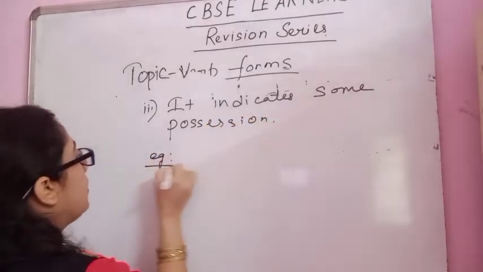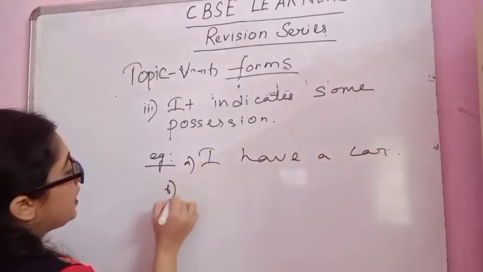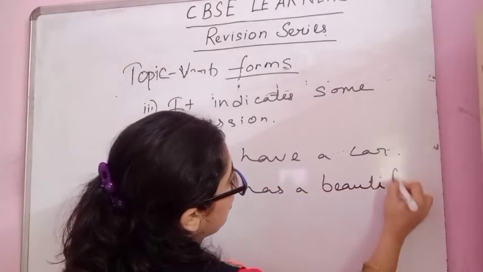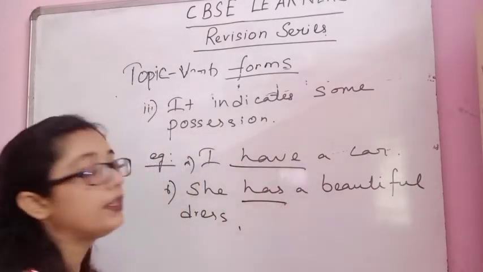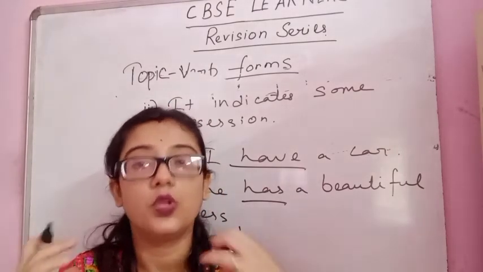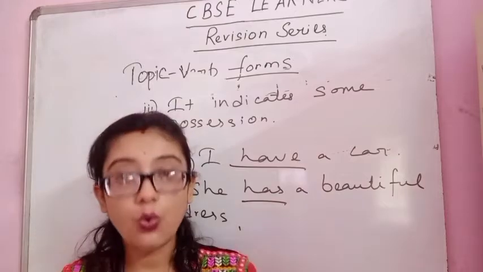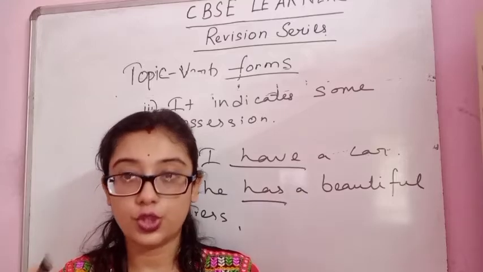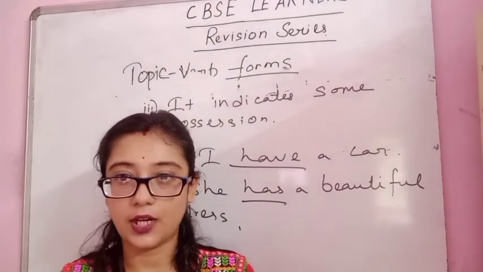For example, I have a car. She has a beautiful dress. So when you use words like have, has, had, you are using the verb to show that you are possessing something. It is clear that verbs are not only action words, you use a verb to show your state of being and also to show some possession. I hope the verb and its characteristics are clear to you.